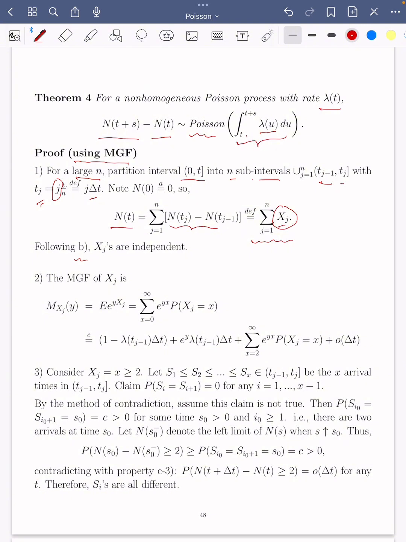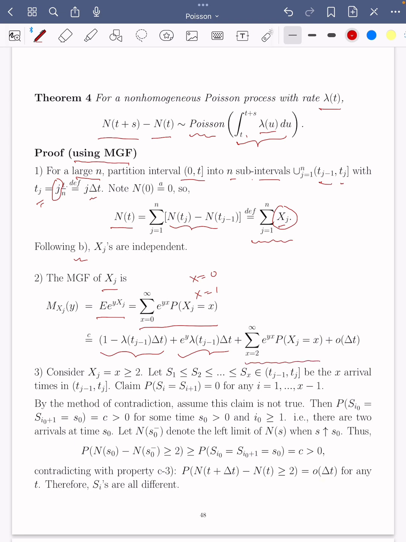Now we calculate the moment generating function for each X_j. By definition, it's equal to the expectation of e to the y times X_j. So it's equal to this form. We plug in x equal to 0 and that gives us this term. We plug in x equal to 1 and that gives us this term. And then this is the remainder.